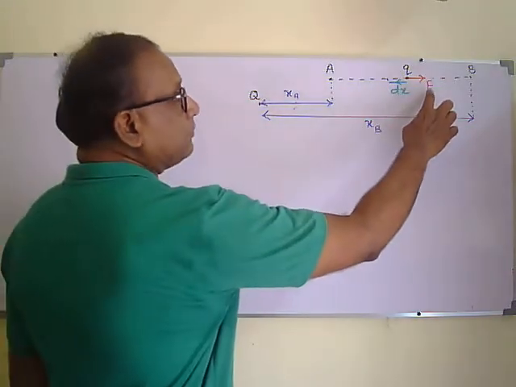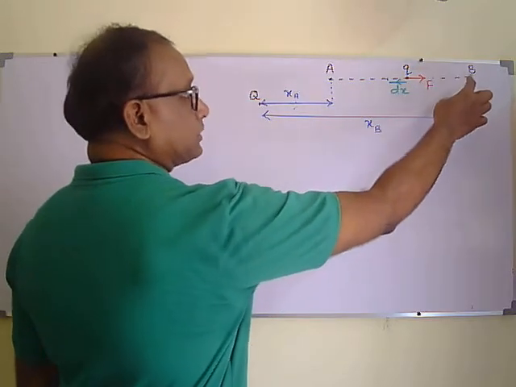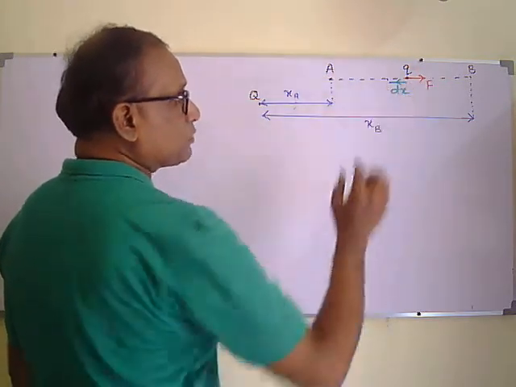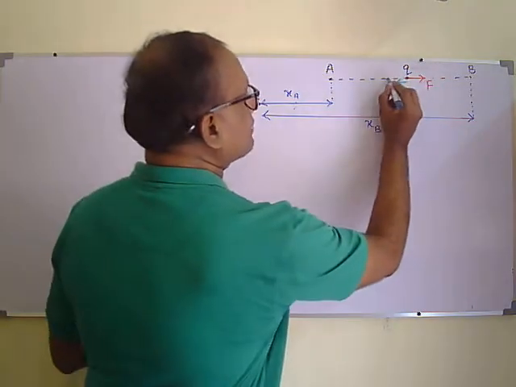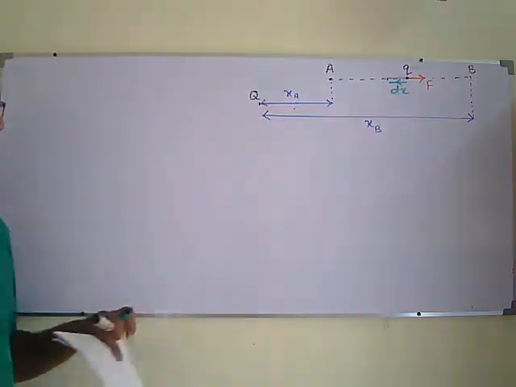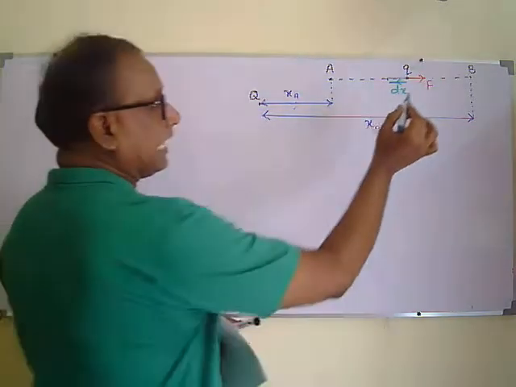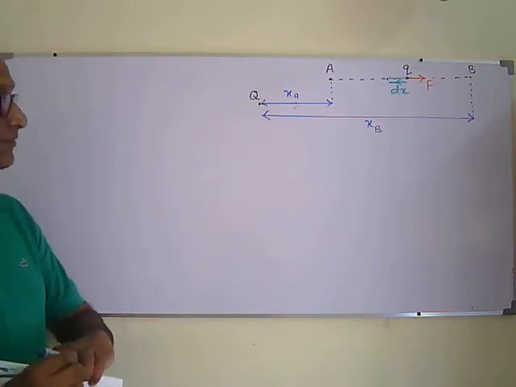So the angle between F and dx, dx is the distance. So during the motion from B to A, I consider a small displacement dx. That dx is opposite to the direction of F. So the angle between F and dx will be 180 degrees.